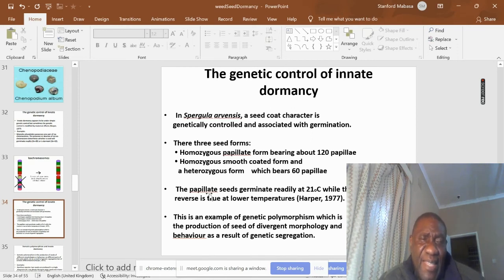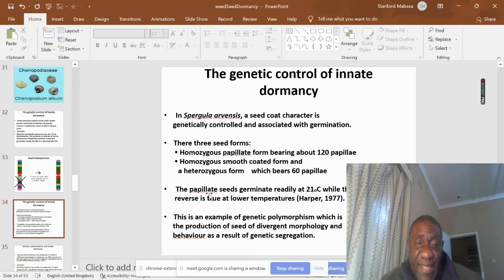And we can say the homozygous coat is smooth form, a smooth coated form, and also a heterozygous form, which bears 60 papillae.